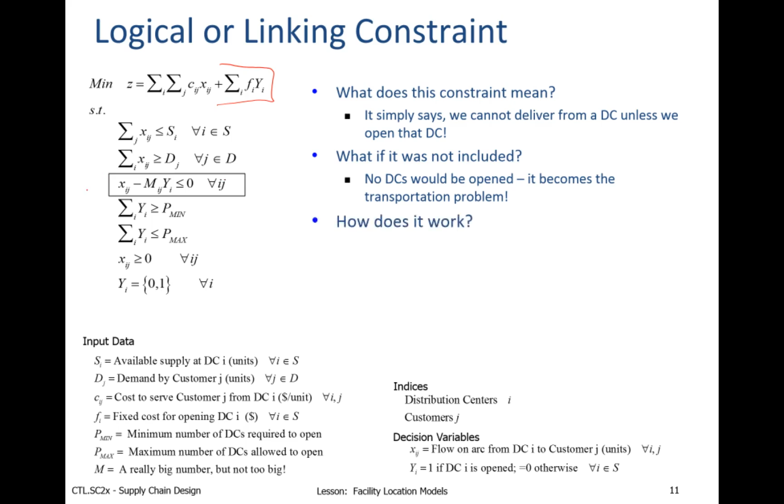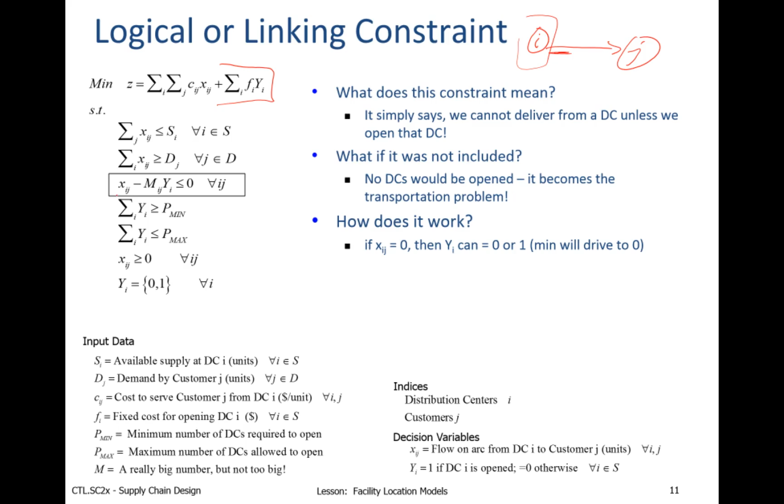Okay, so let's think about it, because all that it's saying is that any flows I have from i to j, so I have node i, and it's going to node j, if there's any flow on here, then we want to make sure that i is turned on, that y sub i is turned on. So what if x_ij is 0? What value will y take if x_ij is 0?